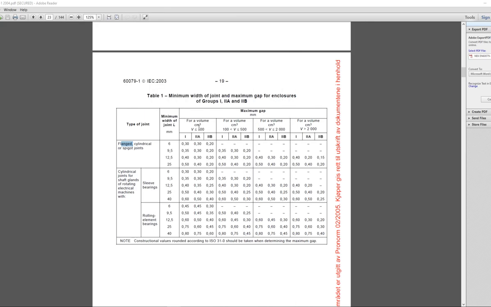Now this column is volumes below 100 cubic centimeters, this is between 100 and 500 cubic centimeters, and this is between 500 and 2000 cubic centimeters. We have around 900, so it should be somewhere here. And we have group 2B.